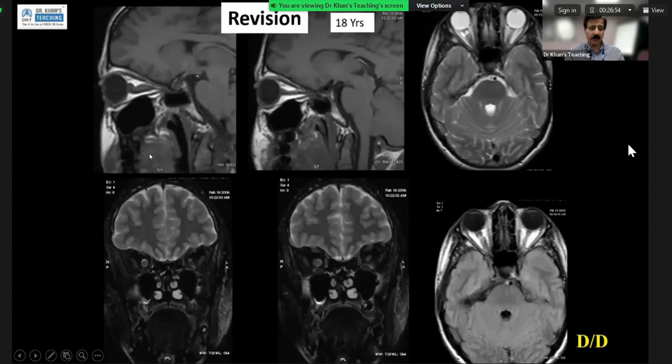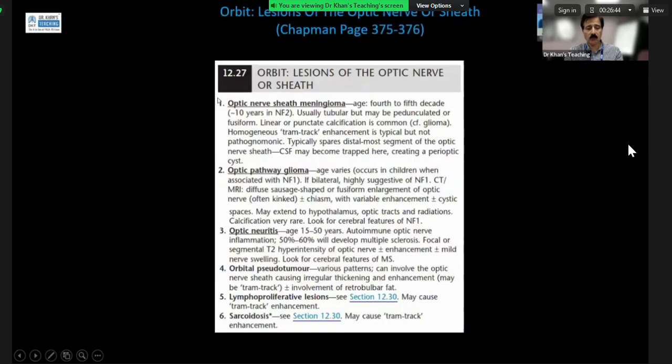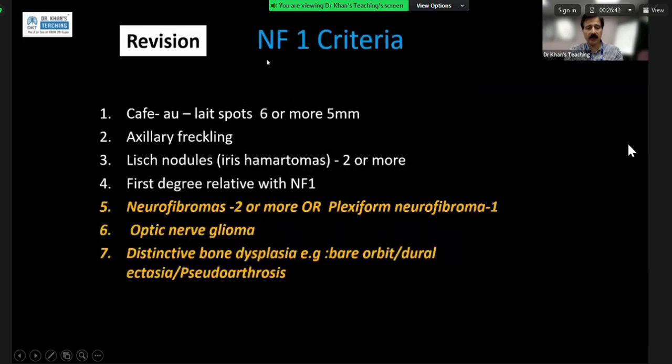We have covered it in detail, particularly in relation to NF1, where the definition of NF1 is that a person has 2 or more of these, and one of them is optic nerve glioma.